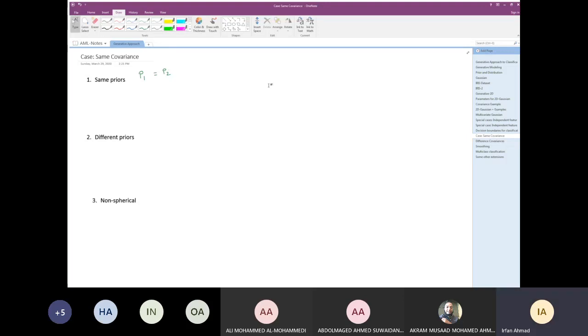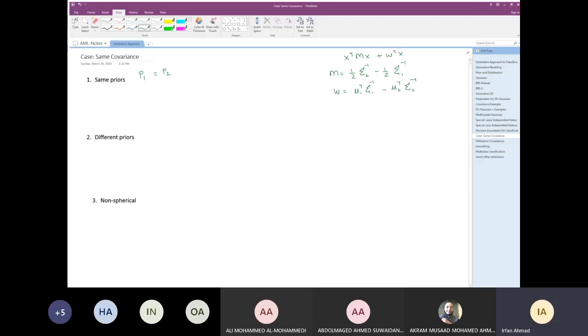Look at this. The general form of the decision boundary is x transpose Mx plus w transpose x, where M is half sigma 2 inverse minus half sigma 1 inverse, and w is mu 1 transpose sigma 1 inverse minus mu 2 transpose sigma 2 inverse.